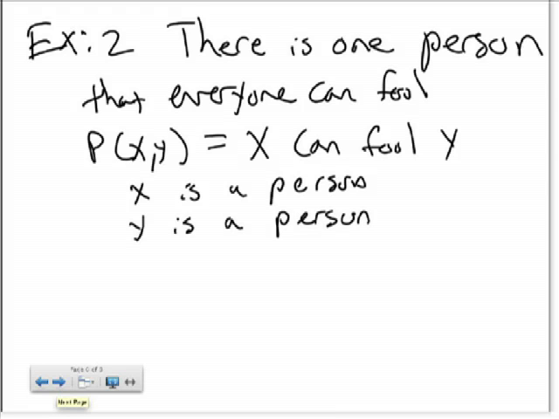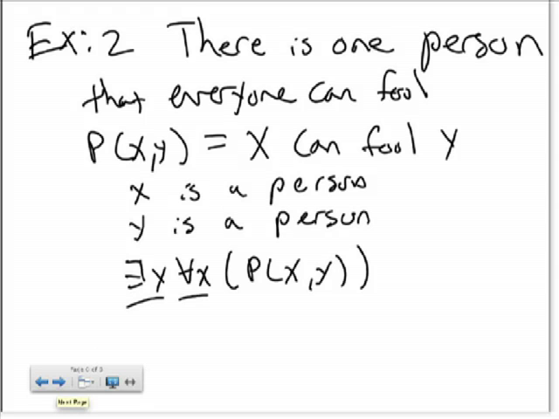Now if we want to say there's one person that everyone can fool, we use the existential quantifier: there exists one person y such that for all x, P(x, y). In P(x, y), x can fool y. So there's one person that everyone can fool.